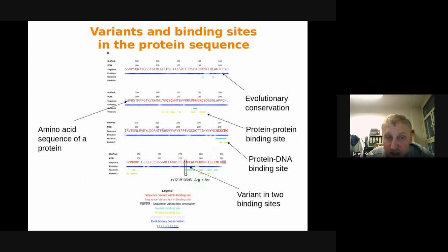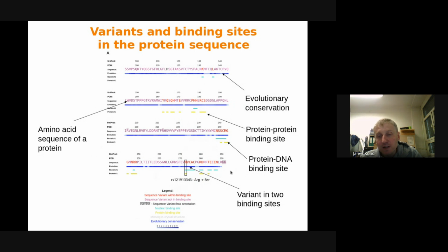In our web server, which I'm going to show you briefly after this talk, we can see variants in, for example, a protein sequence, shown here. These sequence variants are red amino acids in this sequence, and you can also see the mapping of different binding sites onto the sequence of a protein.